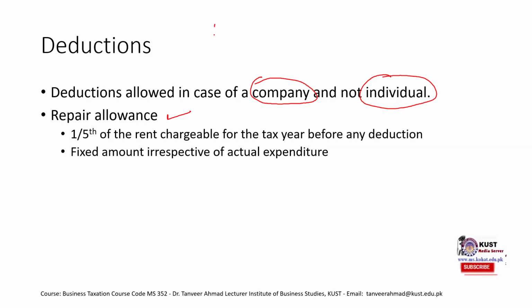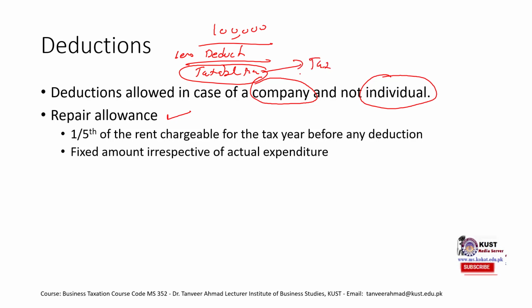So let's just say if we are receiving rent of 1 lakh rupees, then we would first lessen the deductions, whatever the deductions are, and the amount that we would receive would be taxable income.